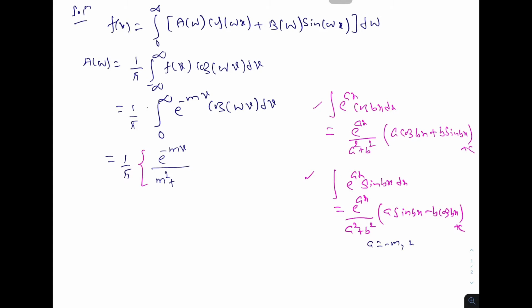Then a cosine bx plus b sin bx gives minus m cosine(omega v) plus omega sin(omega v), and the integration is from 0 to infinity.